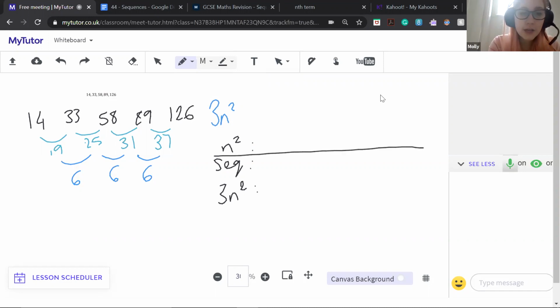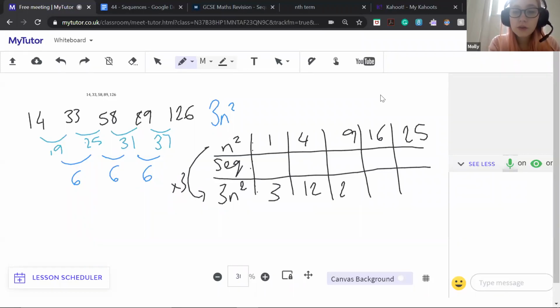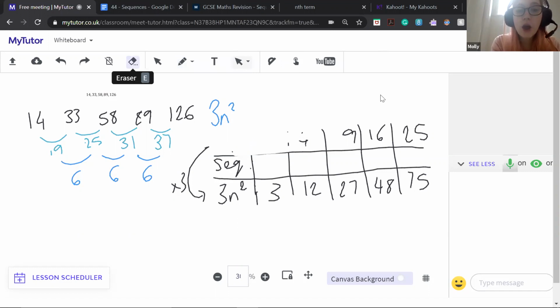So we have 5 terms, so we'll make sure that there are 5 columns available here. And our n squareds are just the first 5 square numbers. So our sequence 3n squared is just going to be this column times 3. So 3, 12, 27, 48, 75. Now we can get rid of this n squared row. I only wrote that to help me find what my 3n squared was.